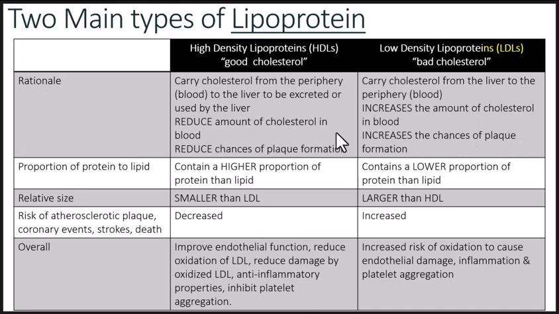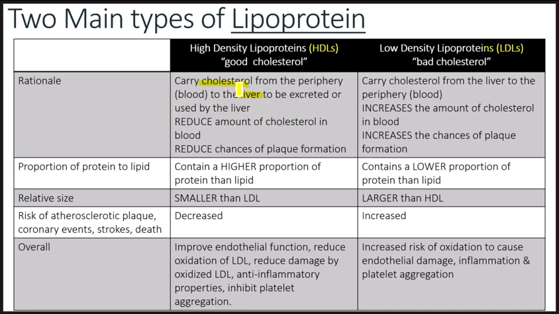Now, fortunately, we have this other vehicle called high-density lipoprotein. And what this vehicle is going to do is it's going to take cholesterol that was hanging around in the blood, and it's going to bring it back to the liver. And then the liver is going to decide what to do with it from there. It's either going to allow it to be excreted so our body gets rid of it, or it's going to use it for some sort of domestic purposes.